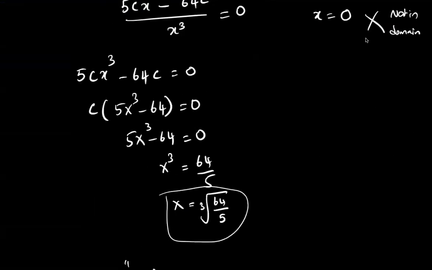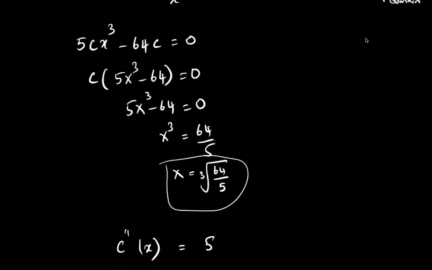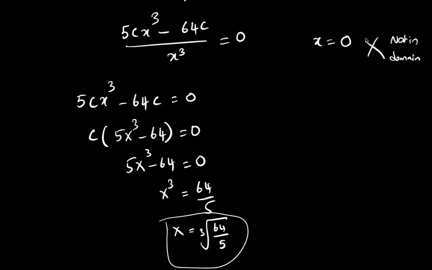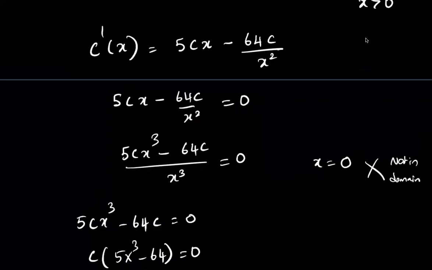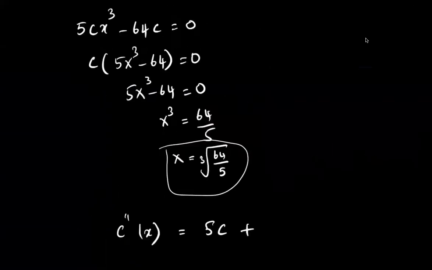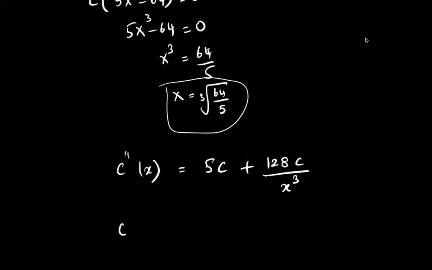So I take the second derivative, I will have 5c plus 128c over x cubed. Now if I evaluate this at the critical value, this is definitely going to be greater than 0, right?